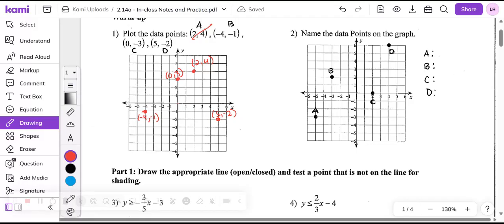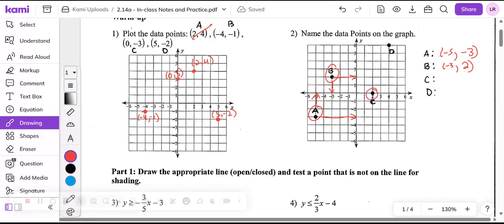Now I'm going the other direction and naming data points. For letter A, the x value is negative 5. The y value is negative 3. For letter B, the x value on the x-axis is negative 3. On the y-axis, it's at positive 2.